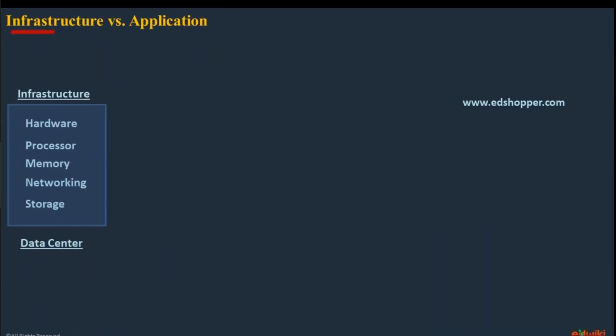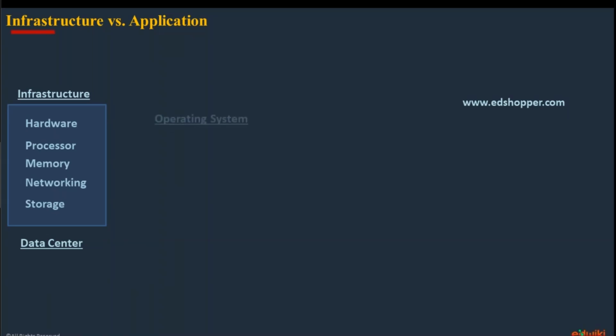What is a data center, right? The data center is the space where you put all of your systems to make them functional and running, to run your business or your applications. What is an application here? Application in the sense your edshopper.com is called an app, just for understanding purposes.